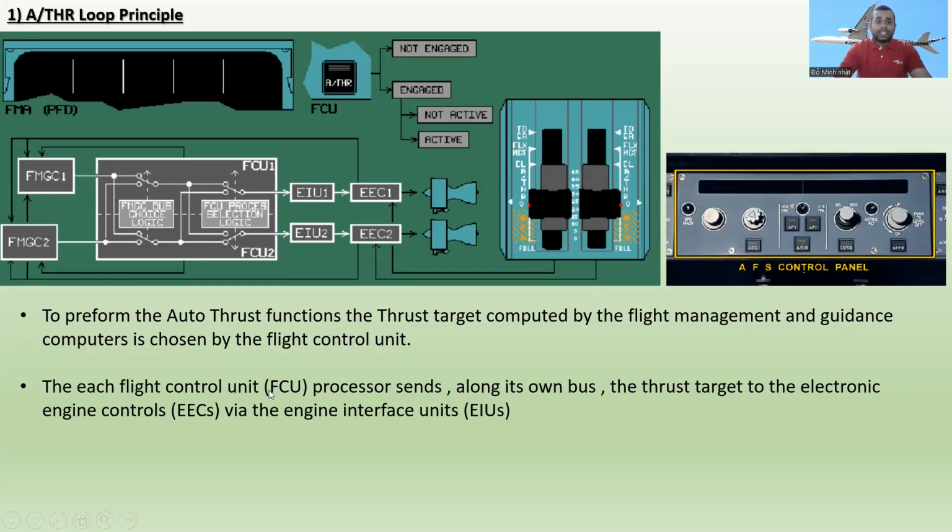Each flight control unit processor sends along its own bus the thrust target to the electronic engine controls, EEC1 or EEC2, via the engine interface unit, EIU1 or EIU2, meaning engine interface unit 1 or engine interface unit 2. This is the flight control unit 1 or flight control unit 2.